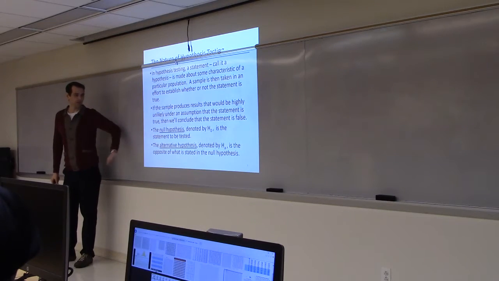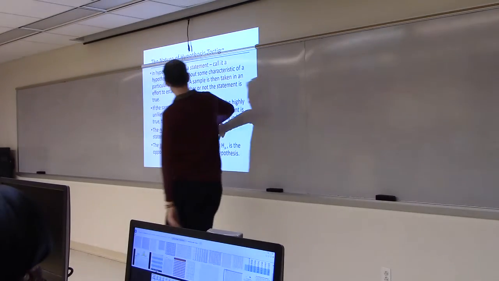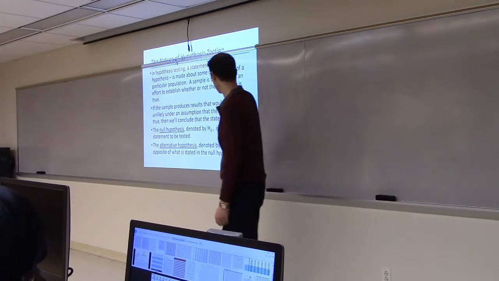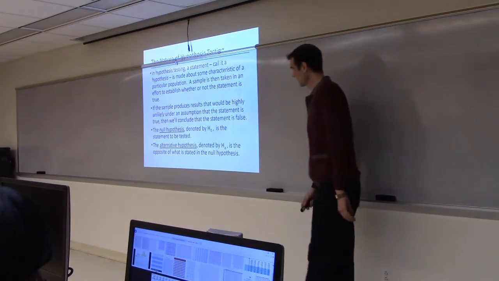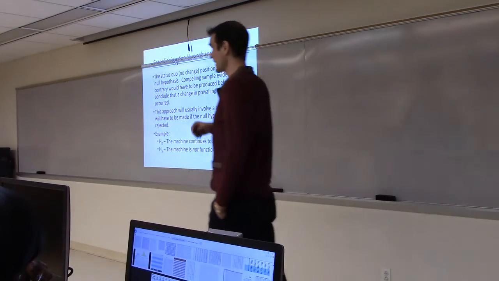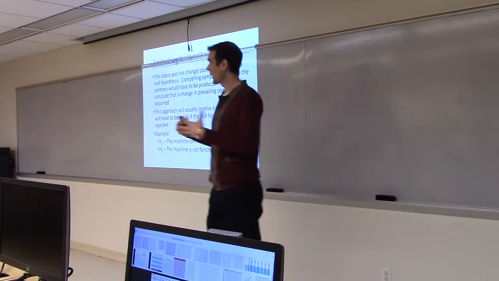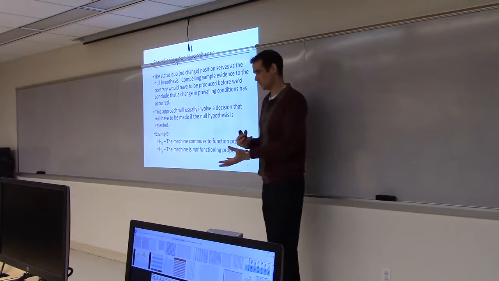We have our null hypothesis and alternative hypothesis, notated this way. Statisticians will often call the null hypothesis the status quo, the no change, and we will look for overwhelming evidence before we make a change.